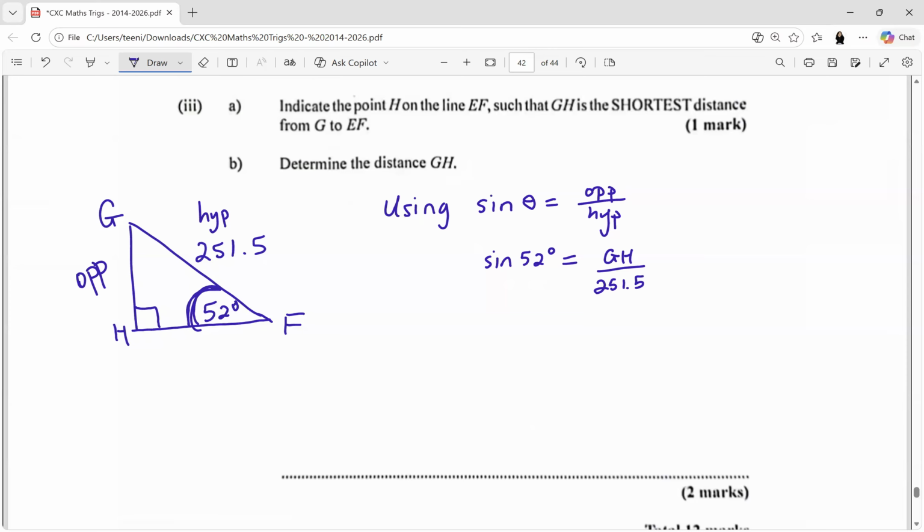And therefore, GH is equal to 251.5 times sine of 52. You type that in as is on your calculator, 251.5 sine 52, and you'll get 198.2 km, taken to one decimal place.